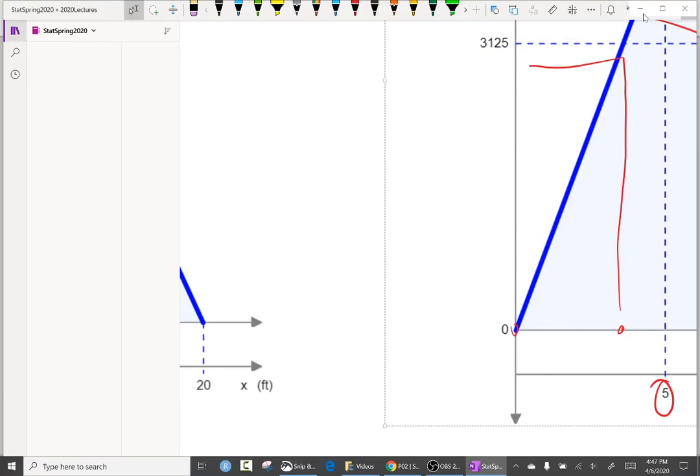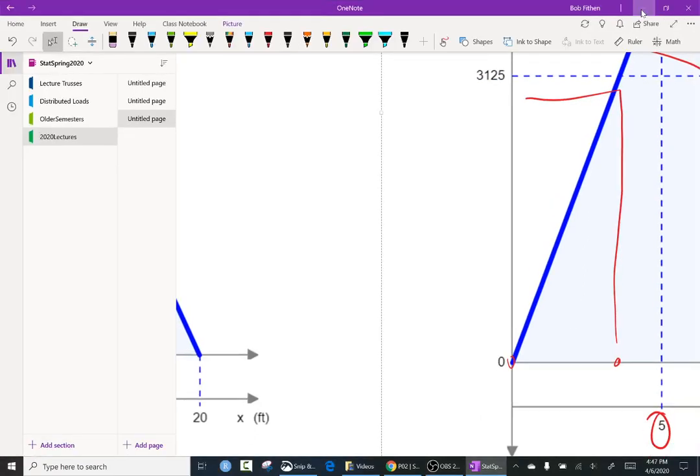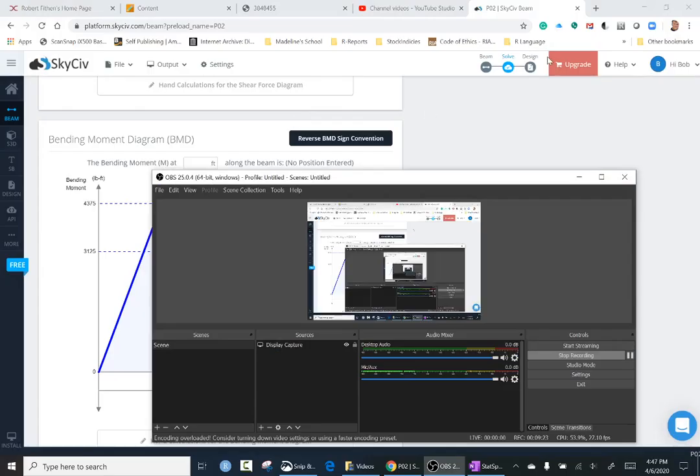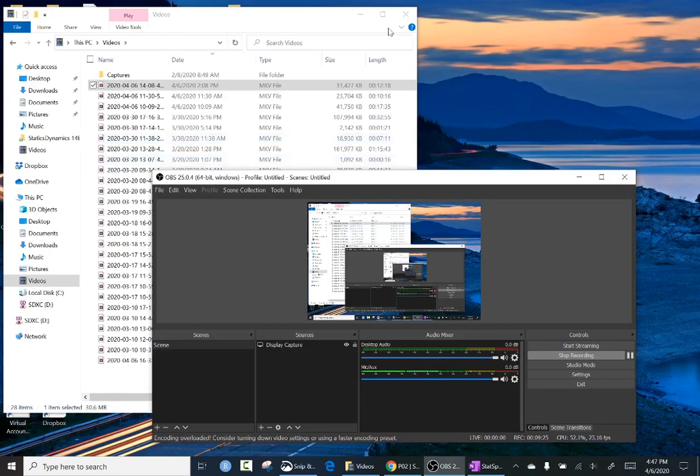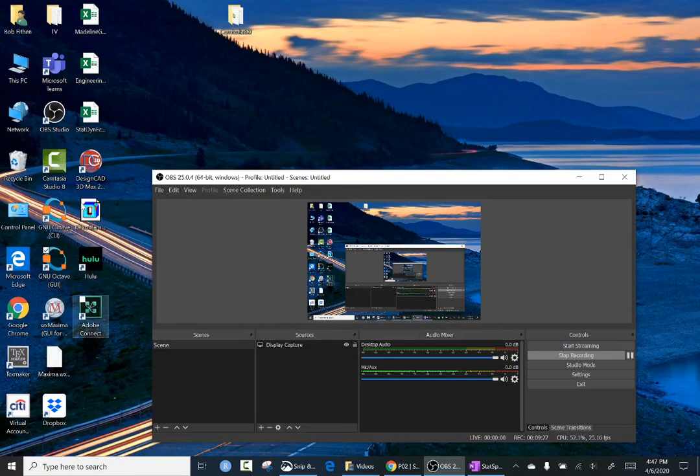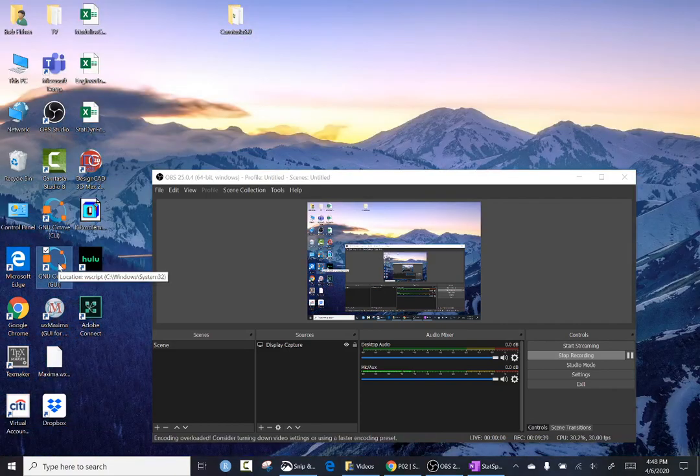And for some reason I do not have Octave up at this particular second. I'm waiting for it. There it is.